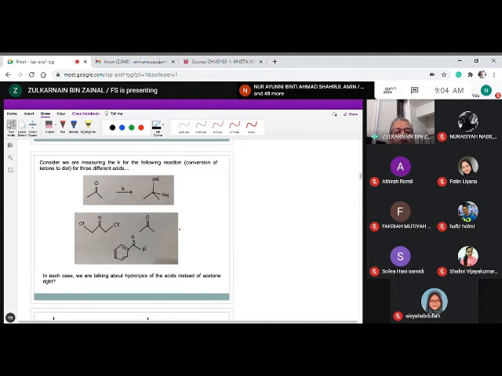Okay, so this is just to remind you that we are now discussing base catalyzed reaction or acid catalyzed reaction, right? So consider that we are measuring the K for the following reaction, the conversion of ketone to diol for 3 different acids. So these are the acids, and these are actually the catalysts for the reaction.